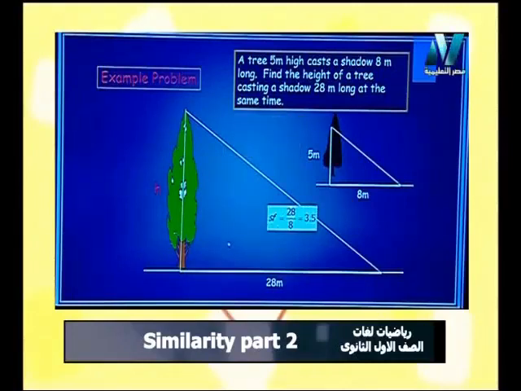SF means scale factor. The scale factor here equals 28 over 8, which equals 3.5. So the height equals the scale factor multiplied by 5. The answer will be 17.5 meters. So the height of this big tree is 17.5 meters.